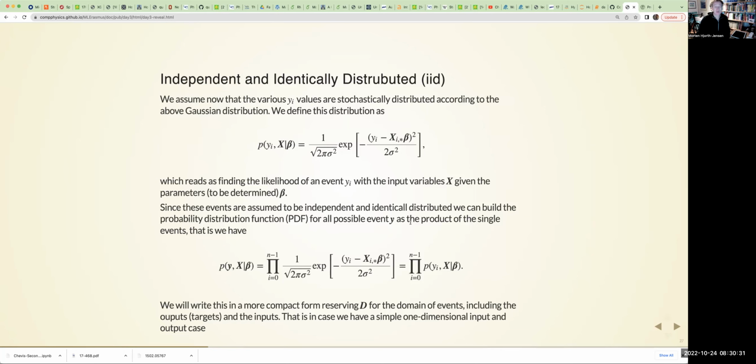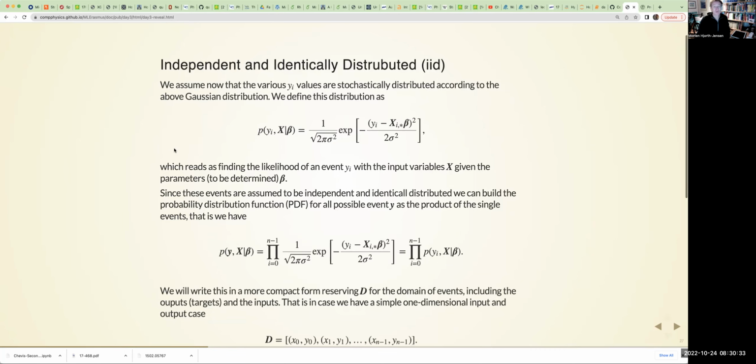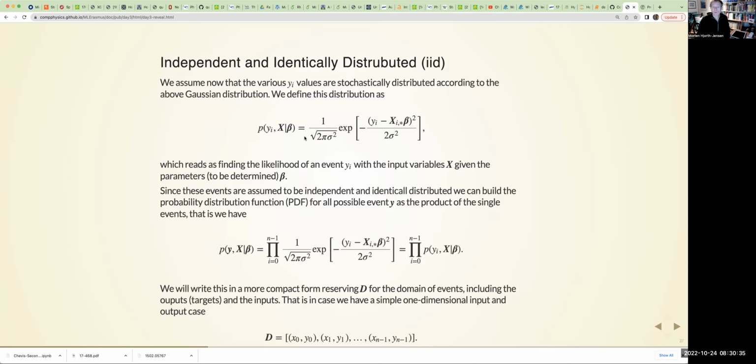So this means that what we did last week was now to define a probability, and we assume, these are important assumptions, we assume that the y of i's are independent of each other, which means that we can actually write a total probability as a product of all the individual probabilities. And we have also assumed that these parameters beta are the parameters we want to estimate.